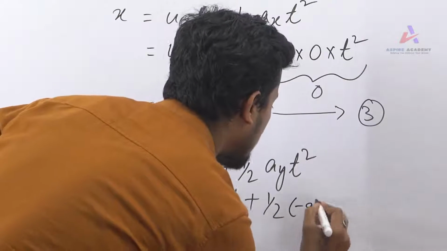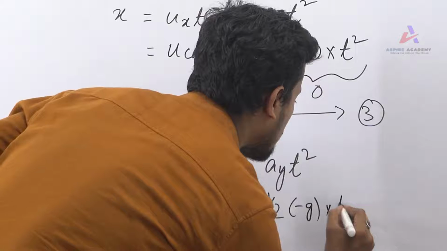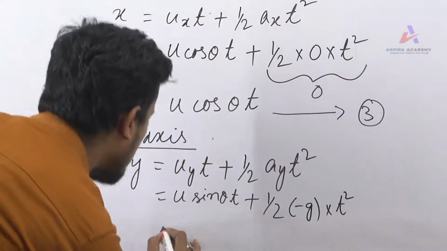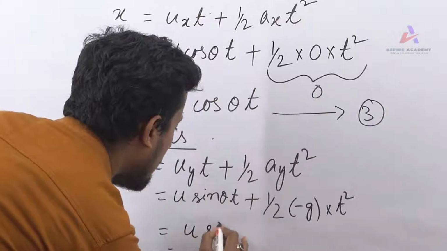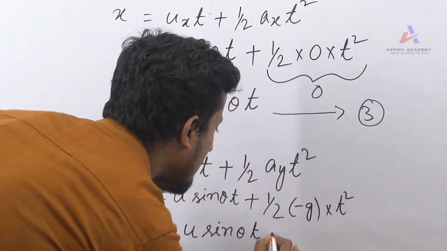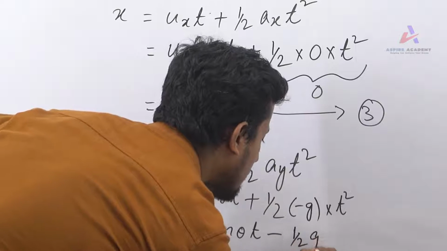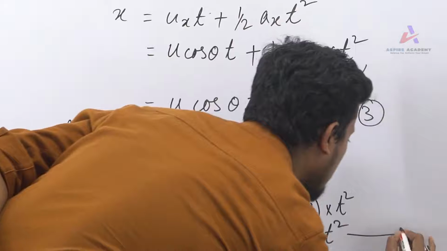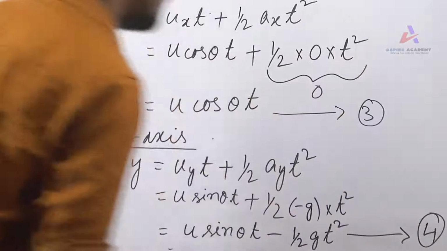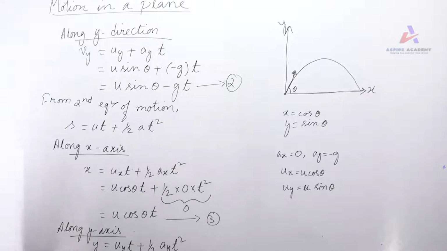As defined before, it is minus g, into t square. So we have u sin theta t minus half g t square. This we give as equation 4. I hope you are clear up to this part.